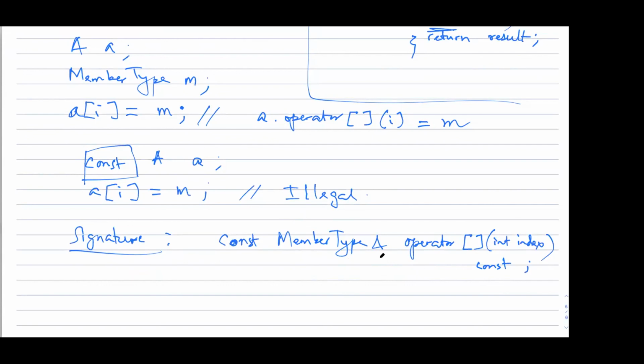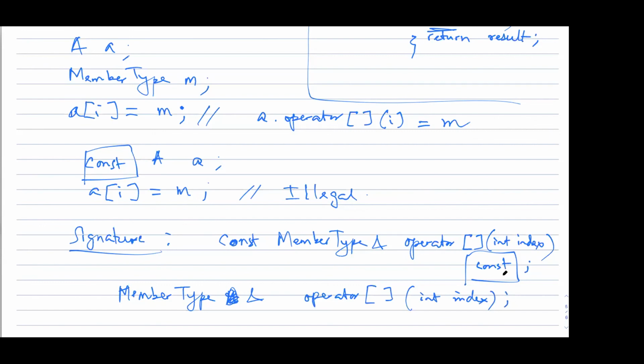So there are two functions that have to be defined. One that is a const function, which does not allow for the modification to happen, and another is a non-constant version, which is member type& operator[](int index).